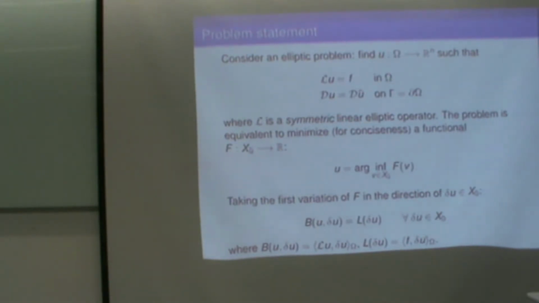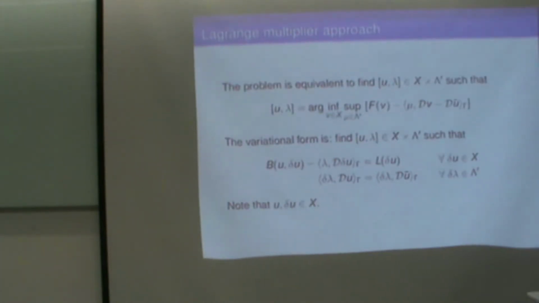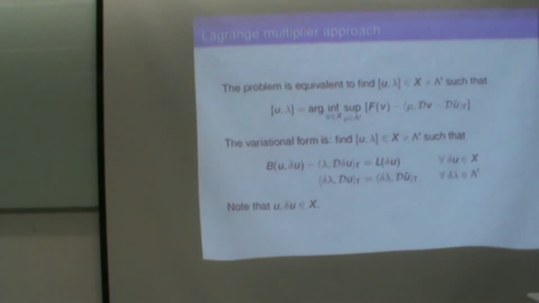That's introduced here. An alternative is the use of Lagrange multipliers to prescribe the boundary conditions, and that consists of optimizing this functional, the functional f of u that we had before, minus a certain multiplier multiplying the difference between the trace of any function v minus the trace of the prescribed condition u bar.